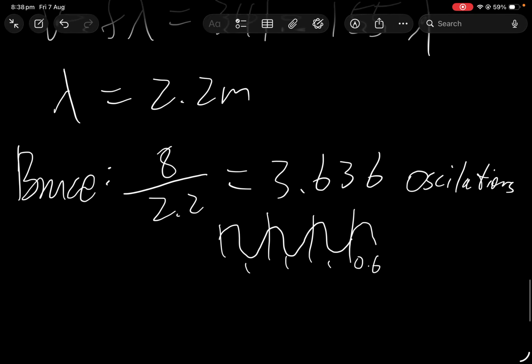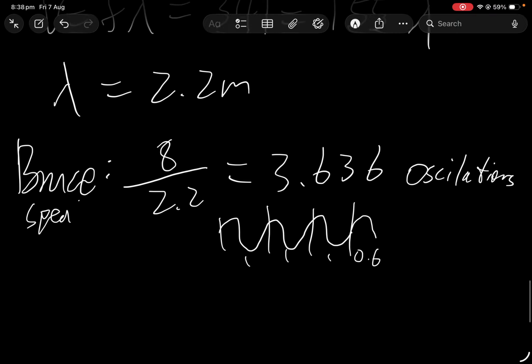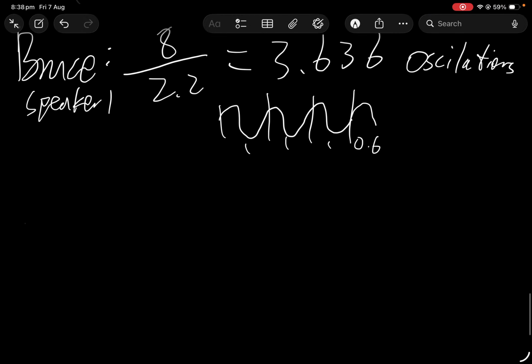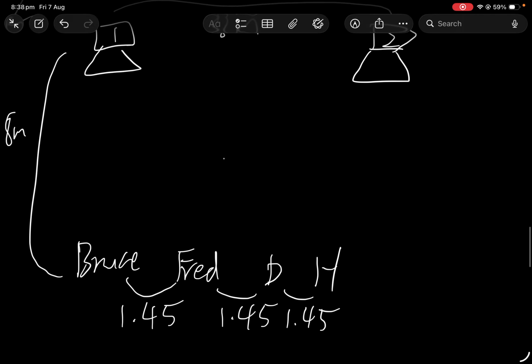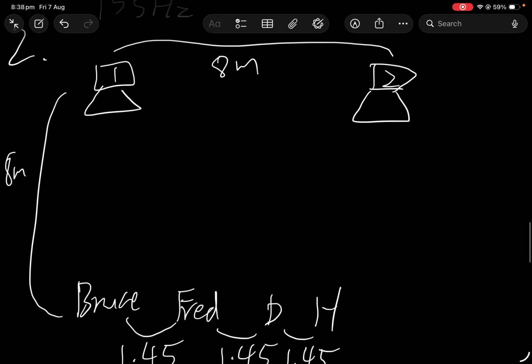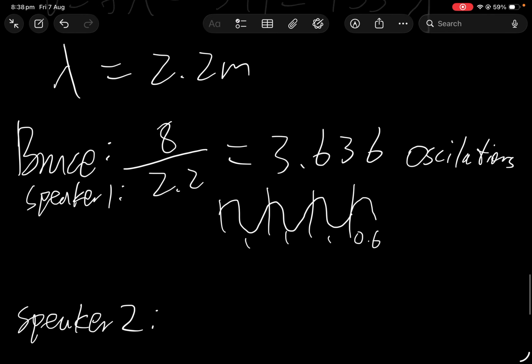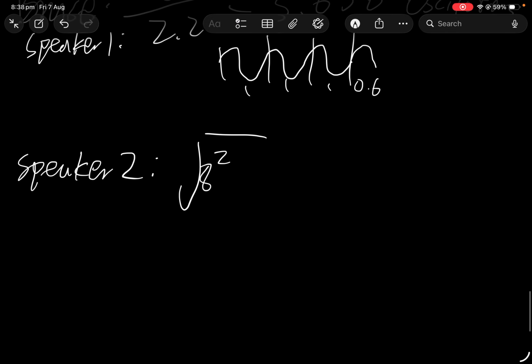And that's from speaker 1. For speaker 2, we'll have to find the straight distance from there to Bruce. Because that's 8 meters and 8 meters, that's just the square root of a squared times 2, so 2 times a squared.